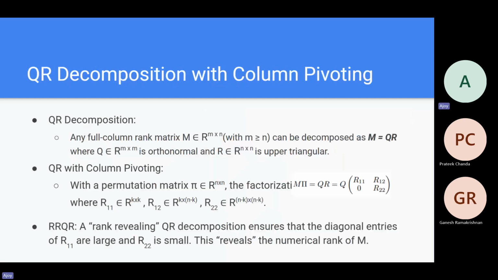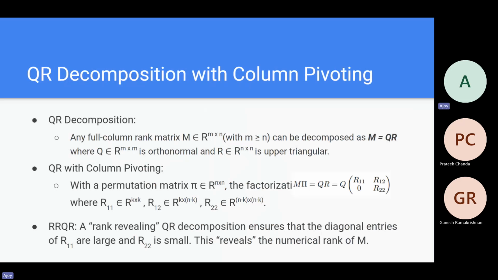Yeah. So now coming to the next method, another concept is QR decomposition of any matrix. How it works is we decompose a matrix into an orthonormal and an upper triangular matrix. We also try column pivoting, where we get a permutation matrix pi such that when we do QR decomposition of this, it will look something like this.